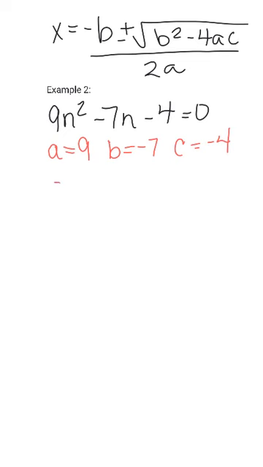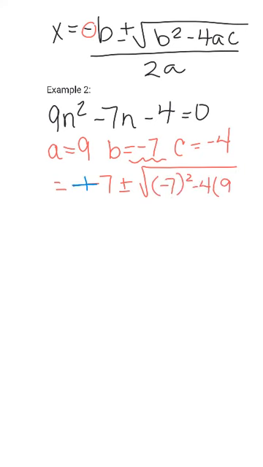So n would equal negative b, so that would be negative from the formula, and then negative 7 from b being negative 7. Again, a negative and a negative, that would really be a plus 7, plus or minus the square root of b squared, so negative 7 squared minus 4 times a, which is 9, times c, which is negative 4, all over 2 times a, which is 9.